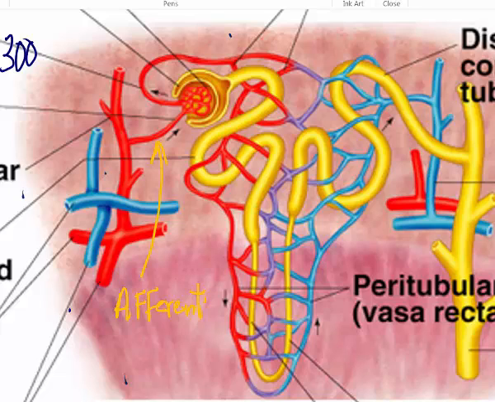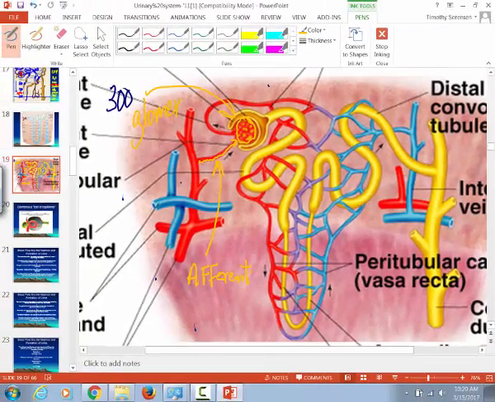You got me? So as that arterial blood enters the afferent arteriole, it will move towards this ball of capillaries called the glomerulus. And the glomerulus is actually, that's the definition, a ball of capillaries. But it's actually more porous than a normal set of capillaries. It's got slits in it called little fenestrations that allow more stuff to leave that glomerulus than a normal capillary would allow.